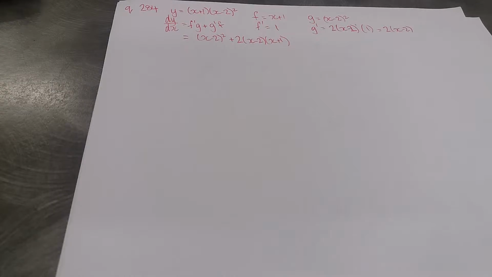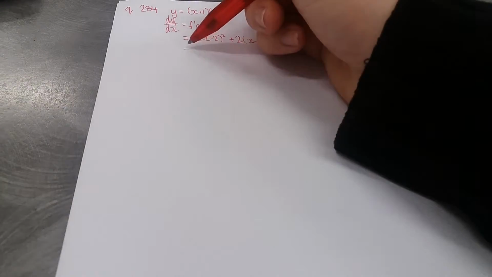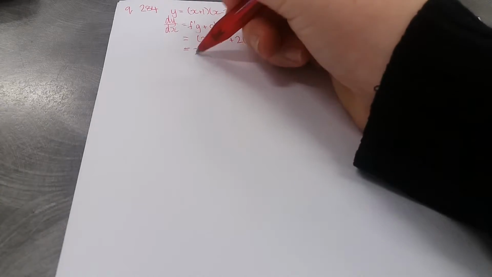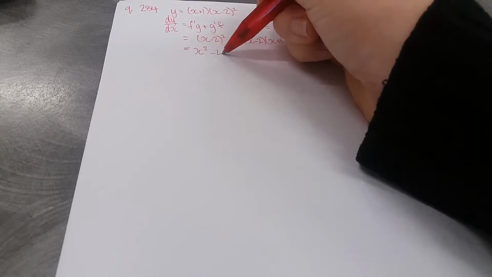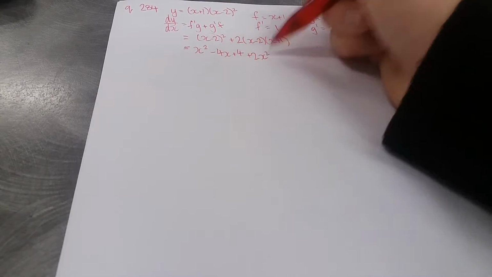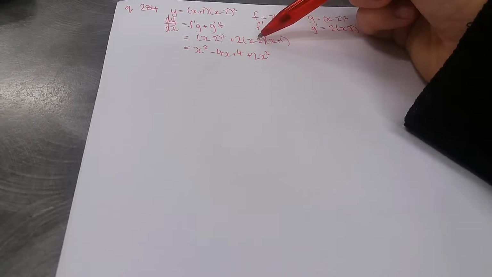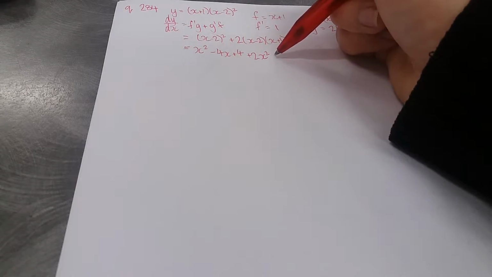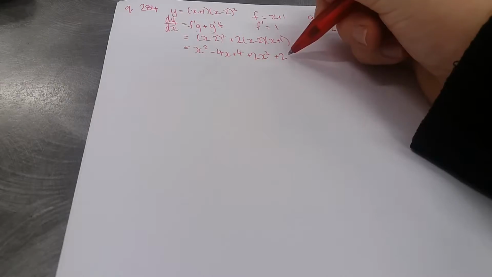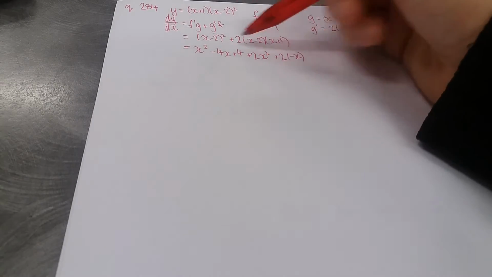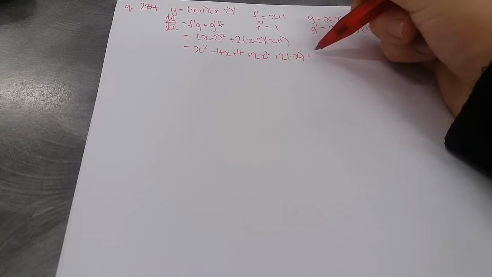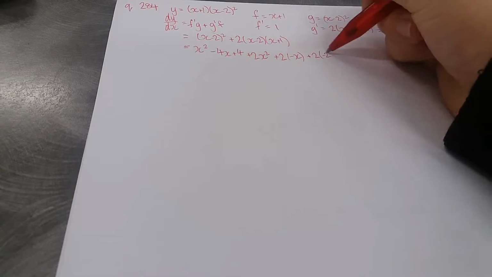Now if we want to find when it is 0, we're going to have to simplify it. So if we expand this, we get x squared minus 4x plus 4 plus 2x squared. So we got x squared and then 2 times, so we got minus 2x plus 1x, so we got minus x, and then 2 times negative 2 times 1, so that's plus 2 times negative 2.